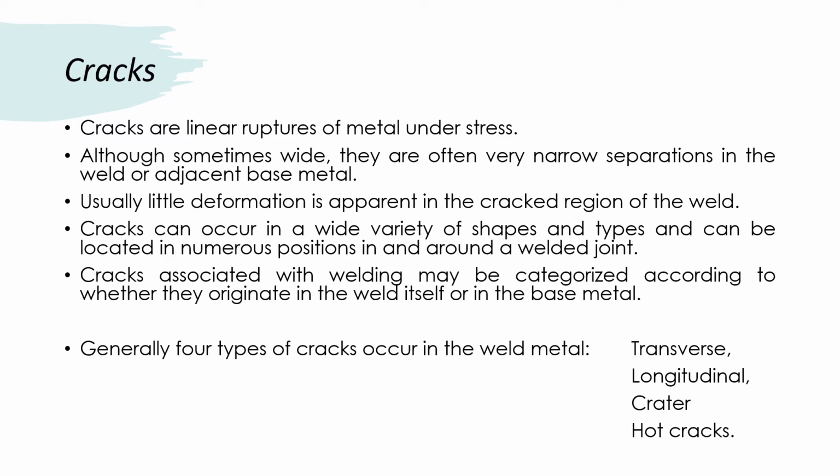Cracks associated with welding may be categorized according to whether they originated in the weld itself or in the base metal. Generally, four types of cracks occur in the weld metal: transverse, longitudinal, crater, and hot cracks.